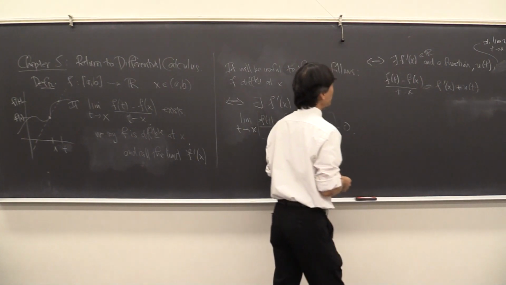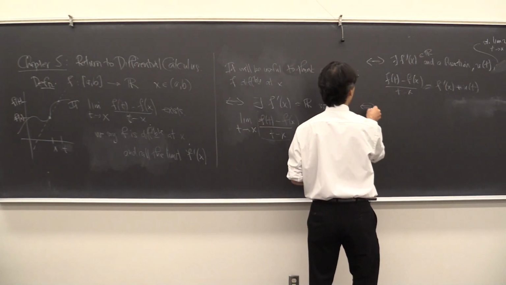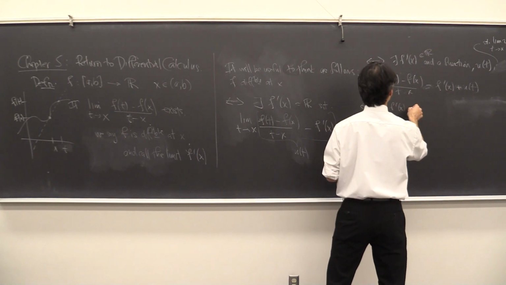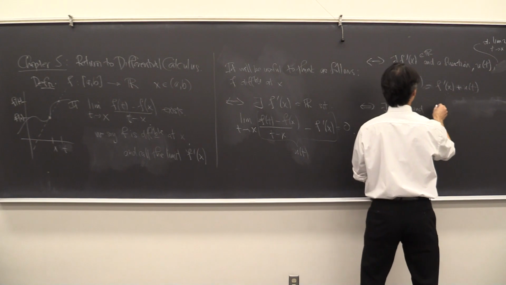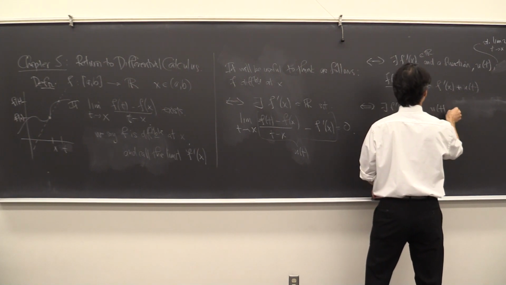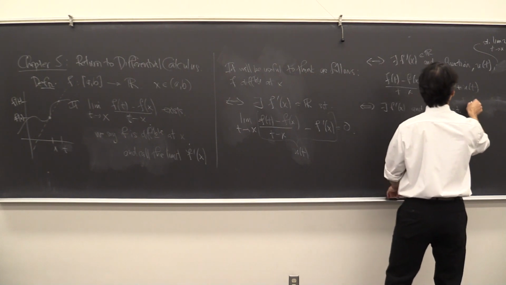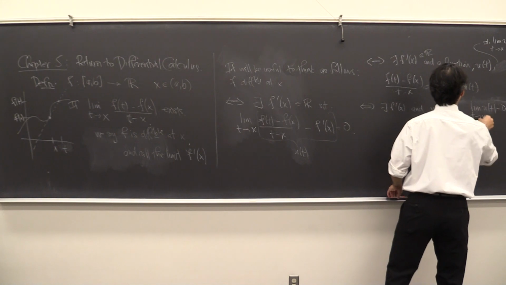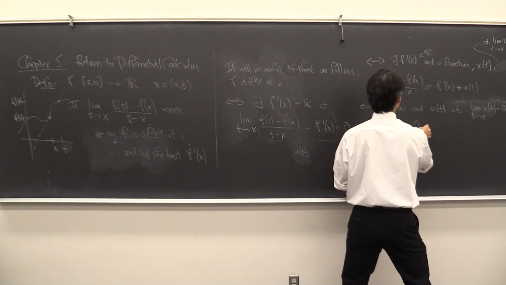So another way of saying it is that again, there exists some value and some function u of t such that the limit of u of t equals 0 as t approaches x, and I'm not going to do anything special here.